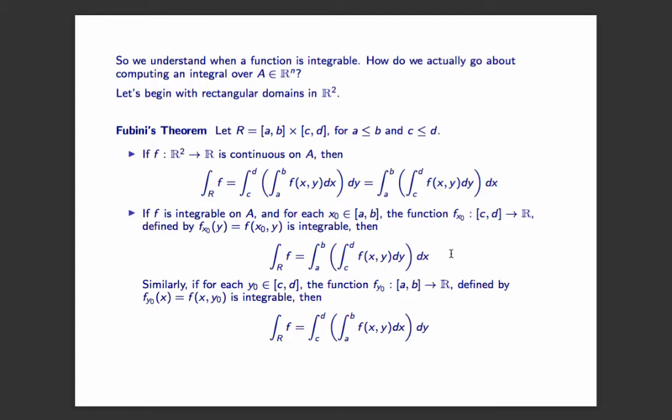Similarly, if f(x, y naught) is integrable for each y naught in my interval, then I should integrate with respect to x first and then with respect to y, and that will give me my integral of f over the rectangle.